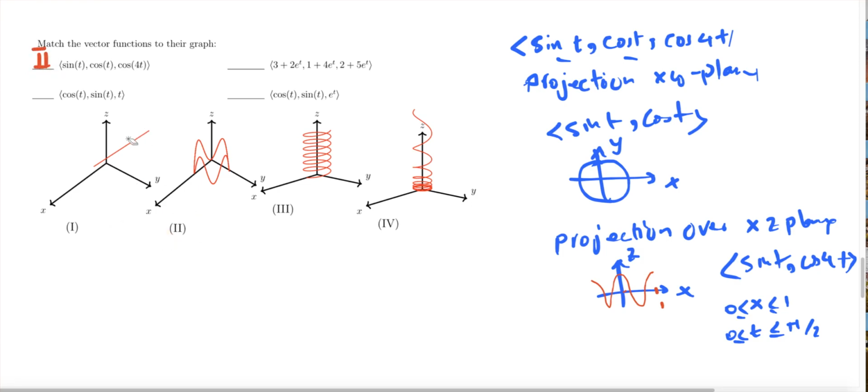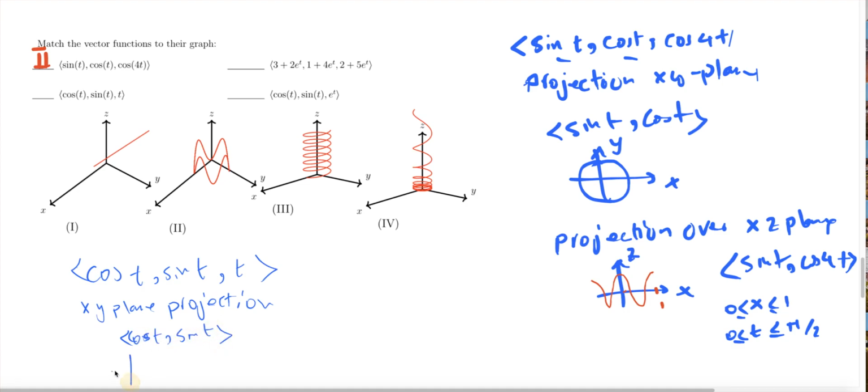Now let's try the second one. Cosine of t, sine of t, and t. Okay. Again, the xy plane projection is very much like that one. Cosine of t and sine of t this time, a circle.